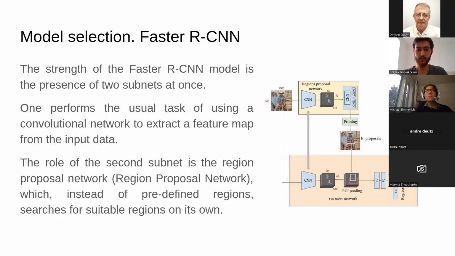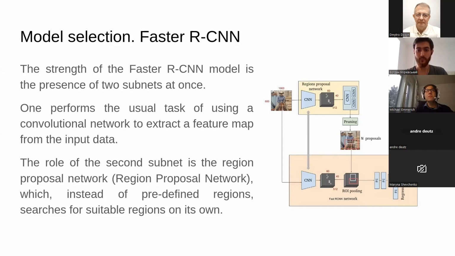So we examined a few popular models, and the first one is Faster RCNN from the RCNN family of models. Since it's better than its predecessors RCNN and Fast RCNN, we consider only Faster RCNN.